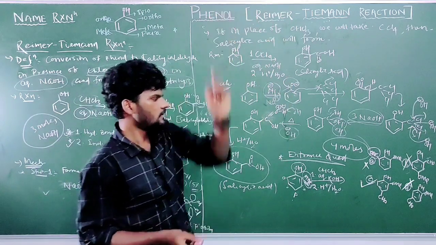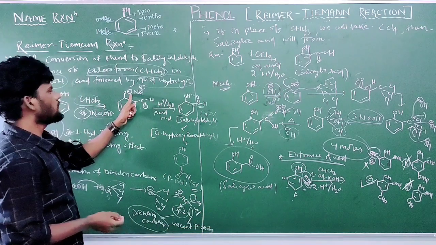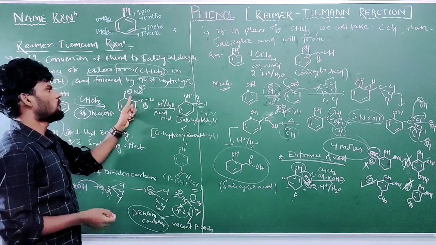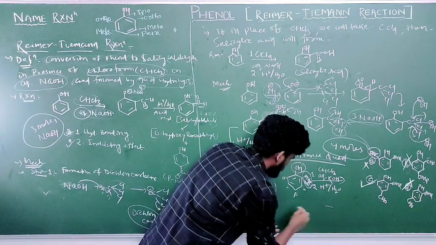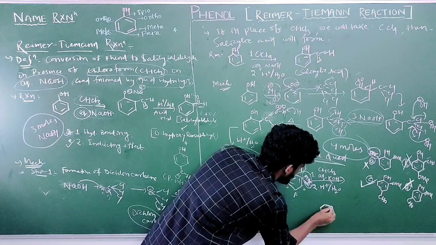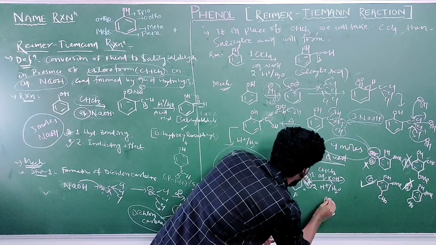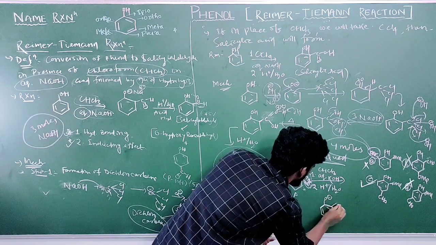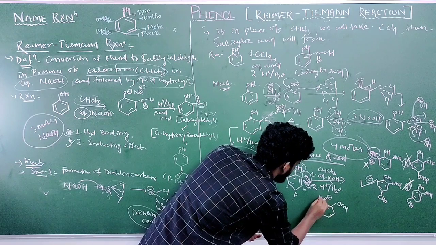When, in the first step, it forms a salt-like structure, O minus Na plus. If we are using KOH, then it will form an intermediate structure like this: O minus, here OMe, and this side O minus K plus.